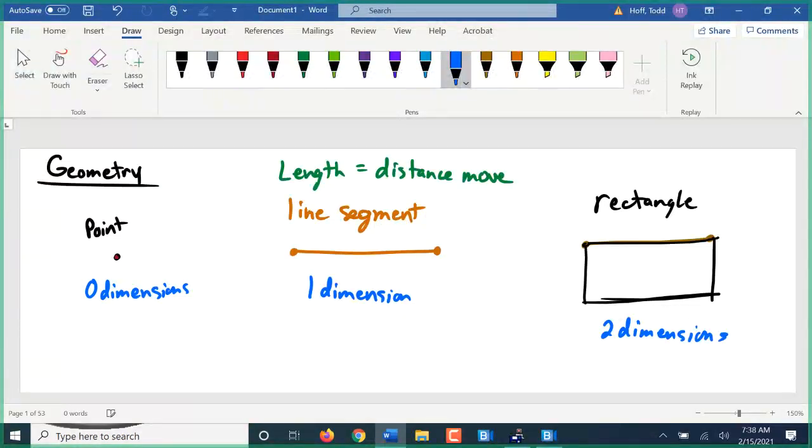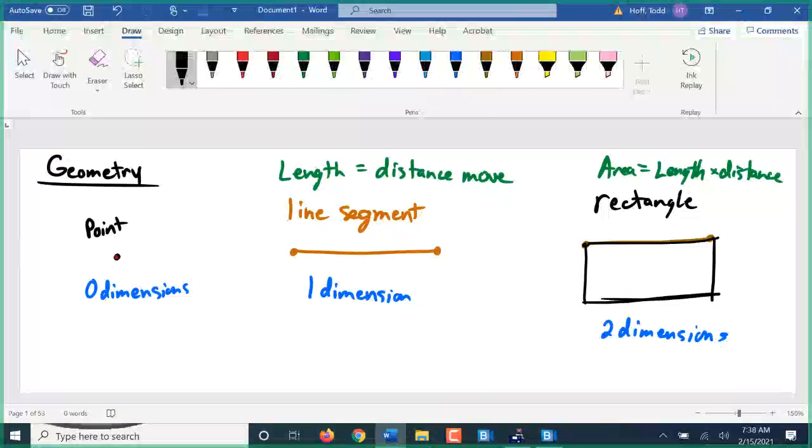It's been created by movement in 2 different directions. And of course, it has an area. And the area is related to the length of that original line segment times the distance moved. That distance moved is often called the width.